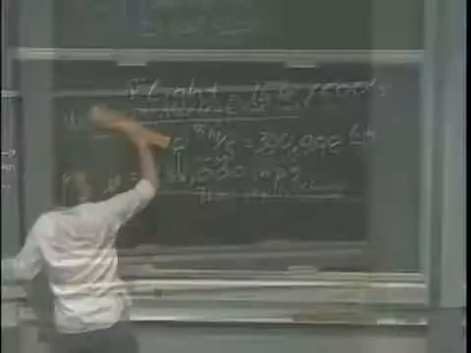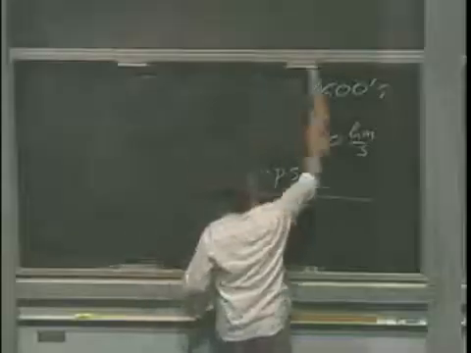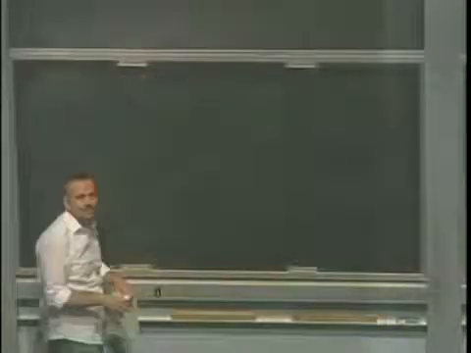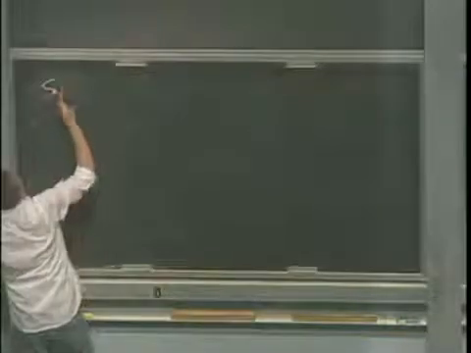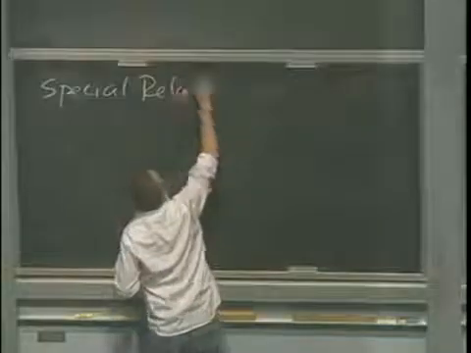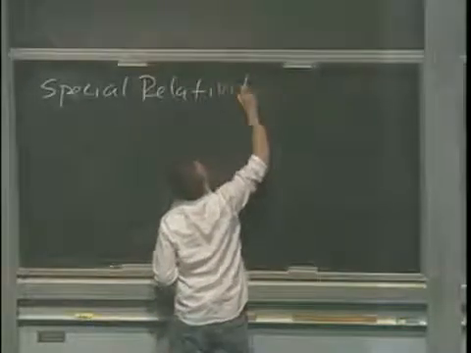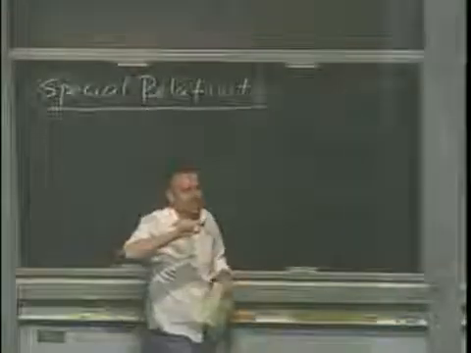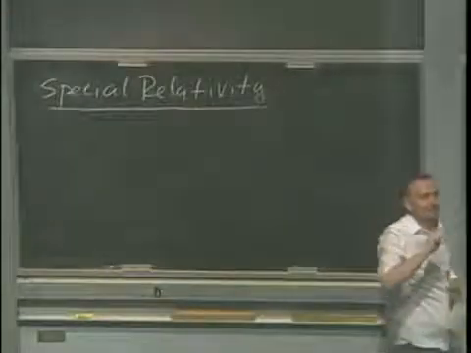And he also made a couple of basic assumptions that went into special relativity, but these were very different from the assumptions that Newton and Galileo made. So, special relativity. Okay, the scientific word for an assumption is a postulate.